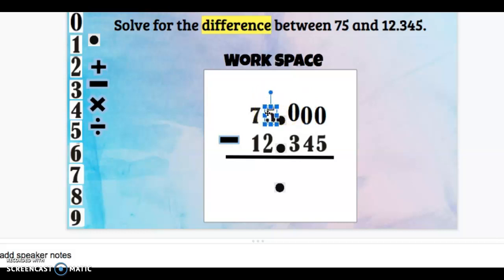The 5 I'm able to take from, so the 5 now becomes a 4, which makes all my zeros 10s. But in order to make my last 0 a 10, my first 0 in the tenths place and my 0 in the hundredths place both become 9s.